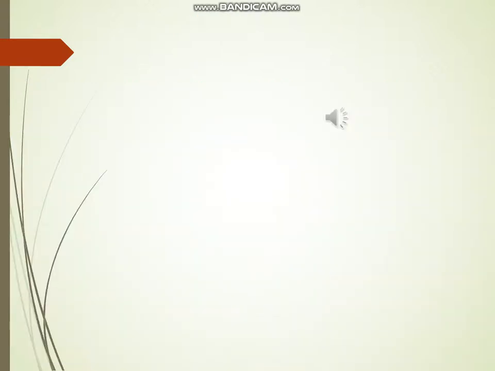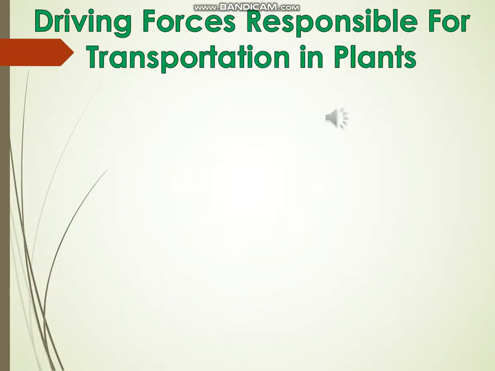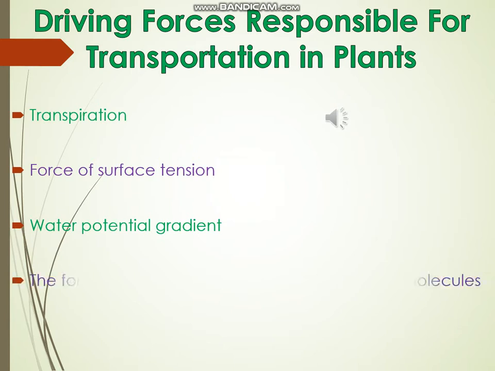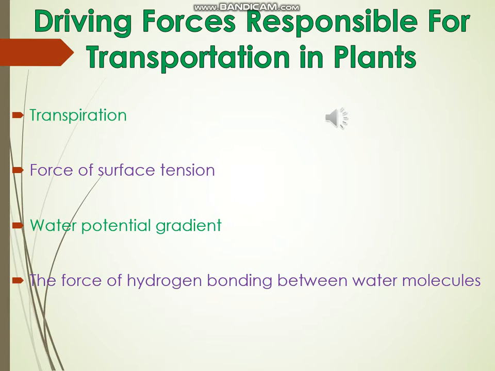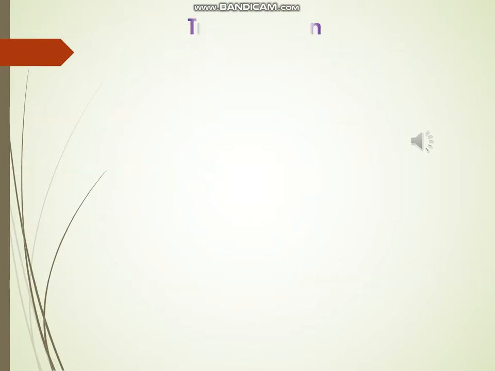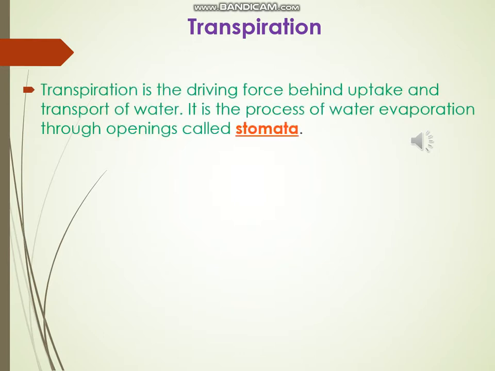Now the driving forces responsible for the transportation of water and minerals in plants. They include transpiration, force of surface tension, water potential gradient, and the force of hydrogen bonding between water molecules. Transpiration is the driving force behind the uptake and transport of water.